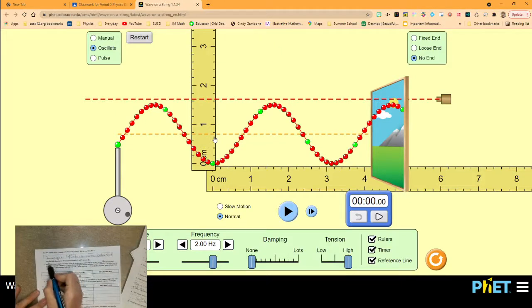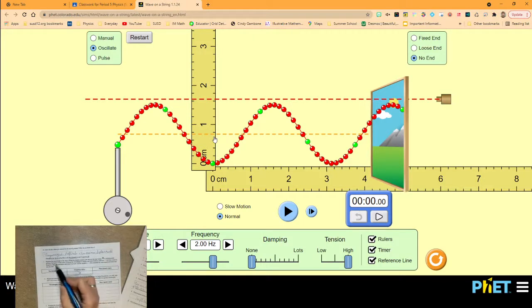Okay, next part. Determine the speed of the wave with wavelength and frequency. Measure the wavelength of the wave. With the program paused, you can use the step button to incrementally advance the motion of the wave. We already did that. Convert the wavelength to meters and enter it below.